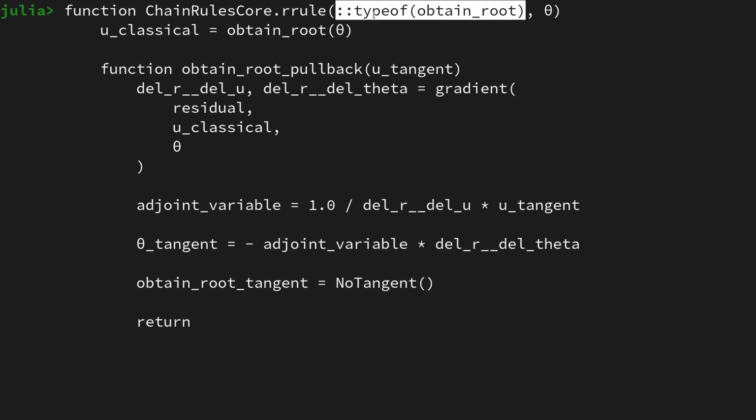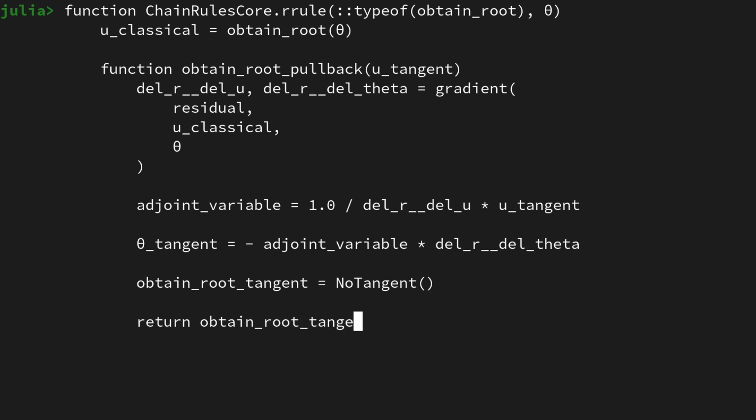Then this local function returns the tangents in the same order as the arguments to the reverse rule. So first we have the obtain root tangent, which was just the no tangent, as well as the theta tangent information. Then we close down our local function.